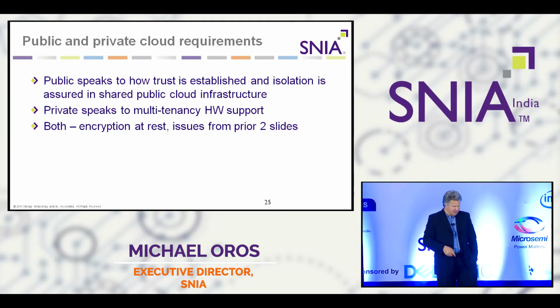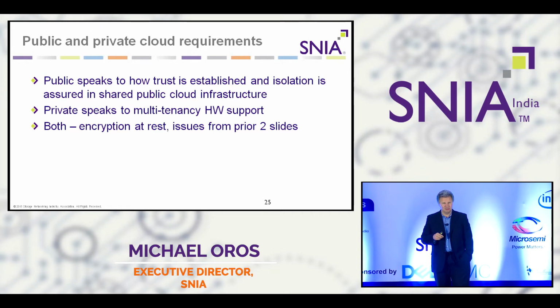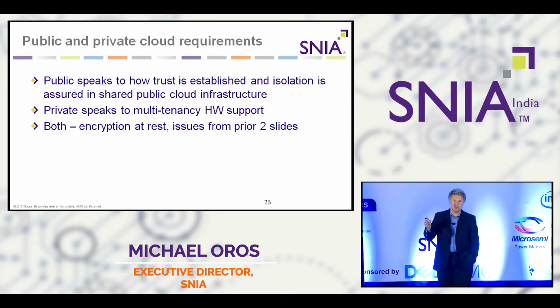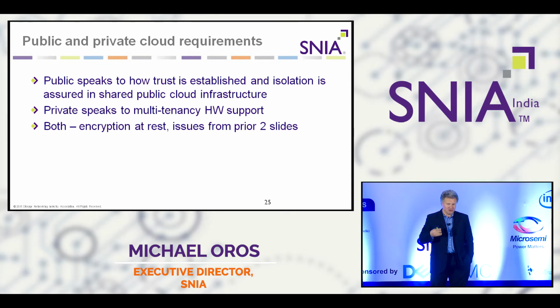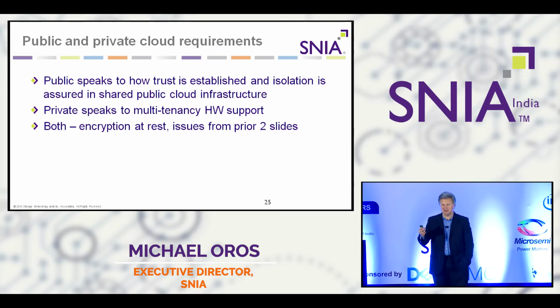Last but not least is achieving the isolation. So we talked about the fact that VMware, as an example, is using persistent memory to provide access to applications within a guest OS.